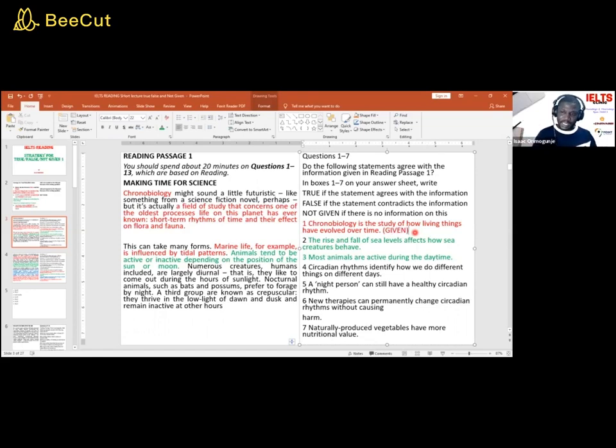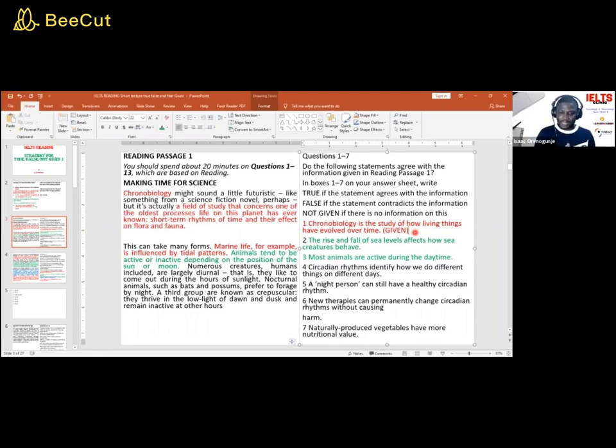The second stage is, if it is given, we will decide if it is true or false. But first, I want you to understand how you can decide between given and not given.